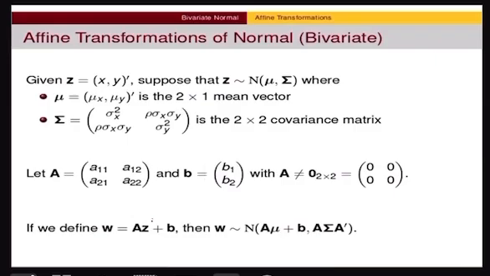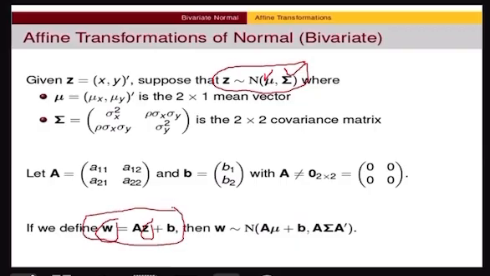If Z follows a normal distribution, as we've already said here, then W is also going to follow a normal distribution because W depends on Z. Z has this mean and this covariance structure. Based on what you have here, they can ask you to determine the mean of W and the variance of W.